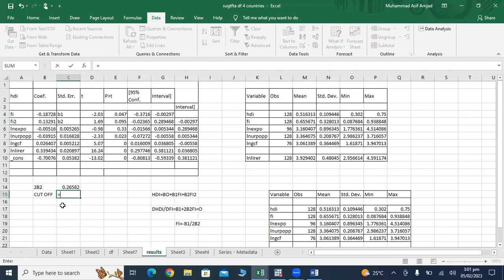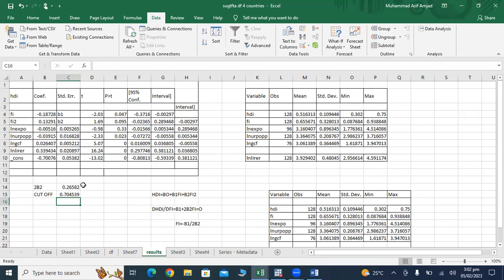Then we find the cutoff value of financial inclusion. We use the equals sign, minus beta 1 value, which is minus cell B4, divided by 2 beta 2. This is my cutoff value, 0.704539. This is the minimum value of the U-shaped curve.